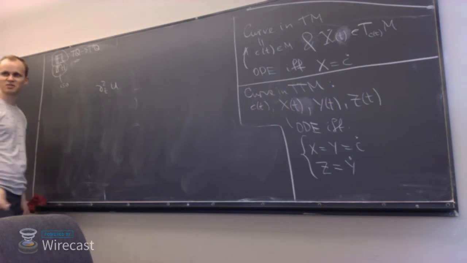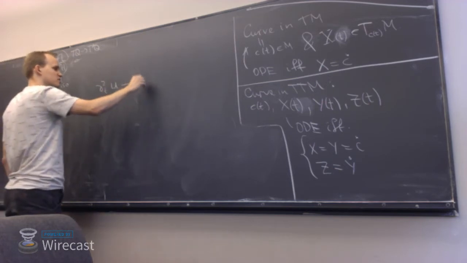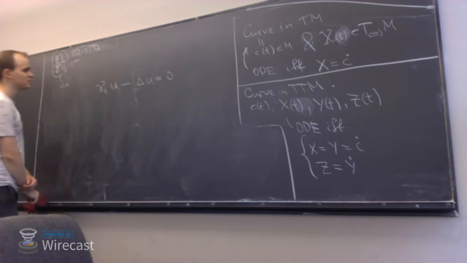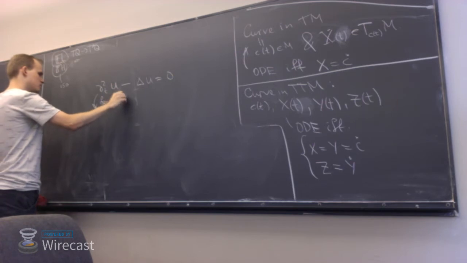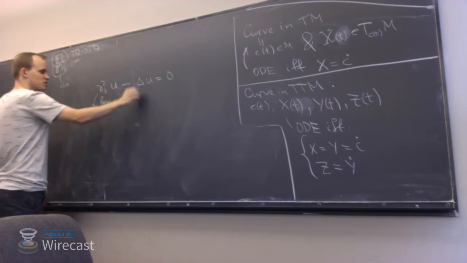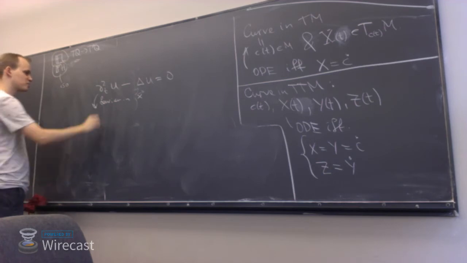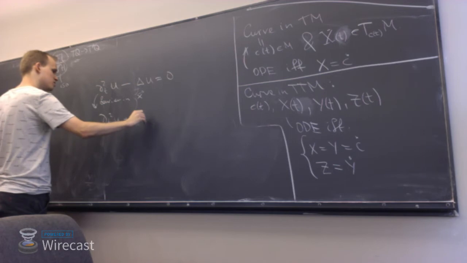They all satisfy the same equation. Minus Laplacian. Okay. And then I take the Fourier transform in t. And I get d t squared u plus k squared u.